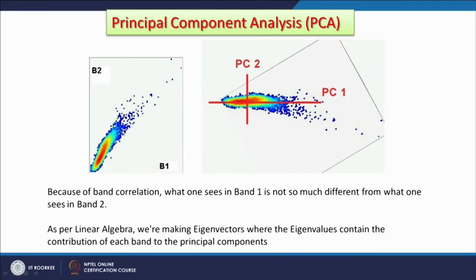Now if they are correlated like this, this is showing that they are very much correlated. So then the origin is shifted to the center and this rotation is there.